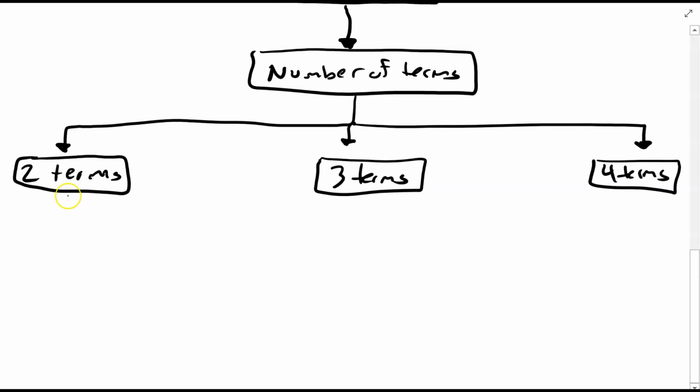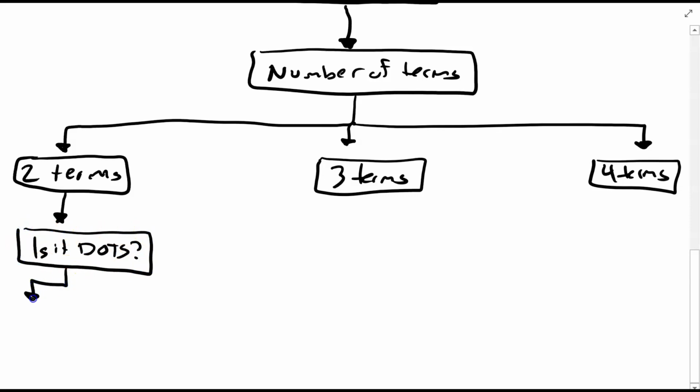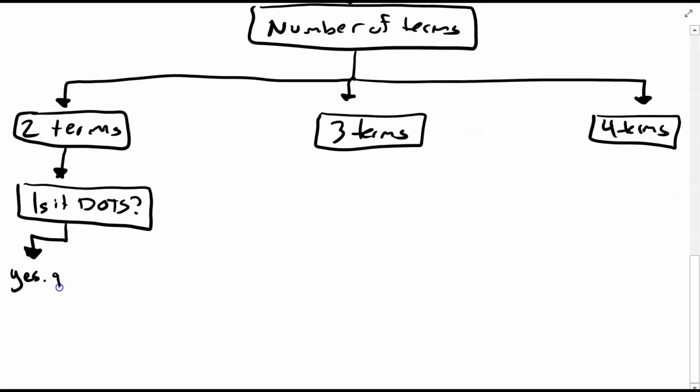So if we were going down the two-term branch, the first thing we wanted to check is if it's a difference of two squares. If it was yes, we factored it, and then we went back down this two-term branch again to see if there was any more factoring that we could do.